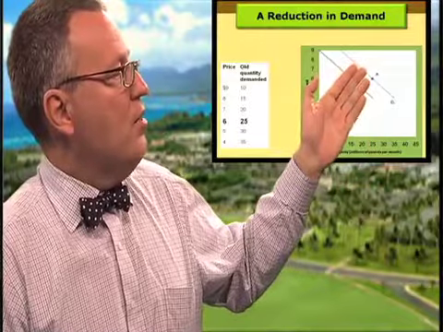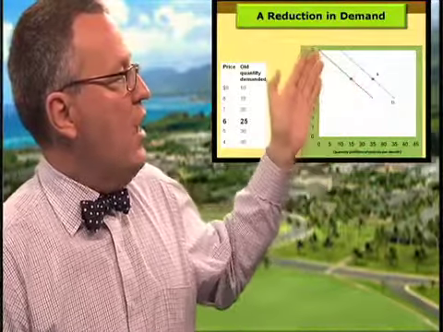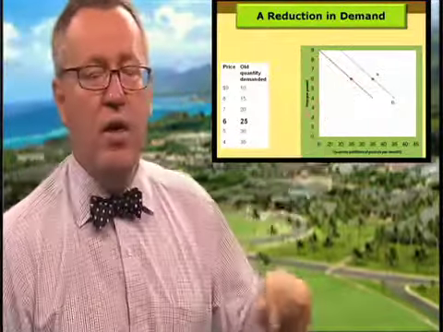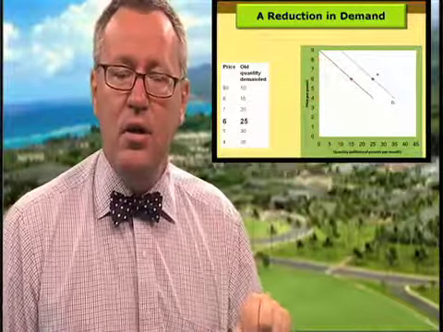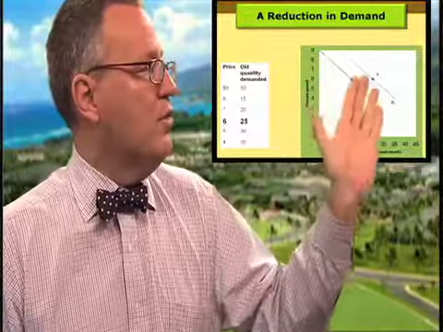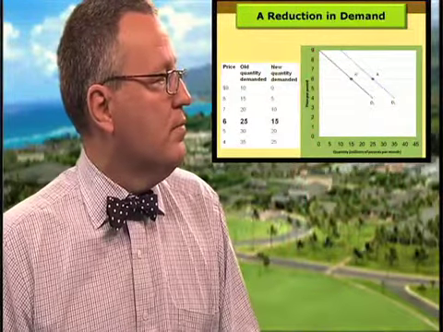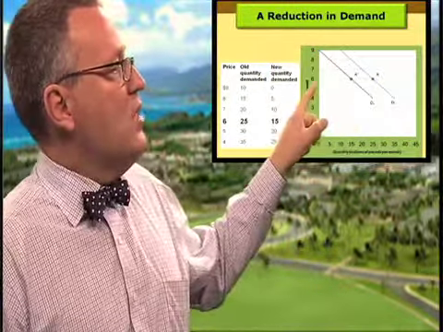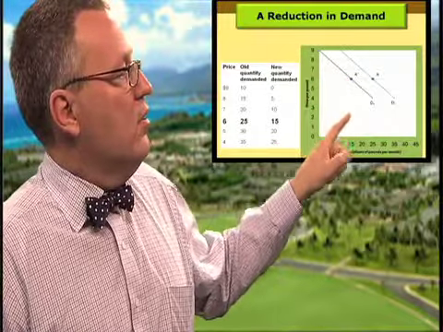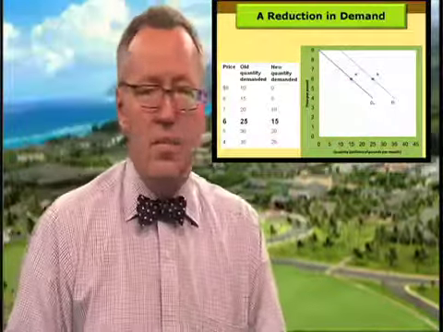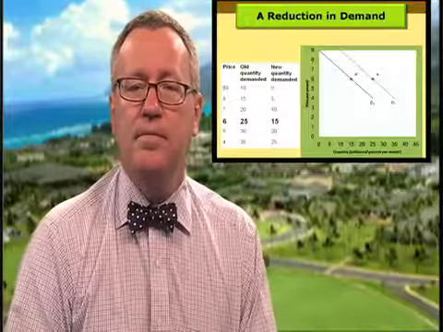And what happens? Our income goes down, causing the whole demand curve to shift from D1 to D2. Now at that same $6 price, we're going to have demand for 15 million pounds.